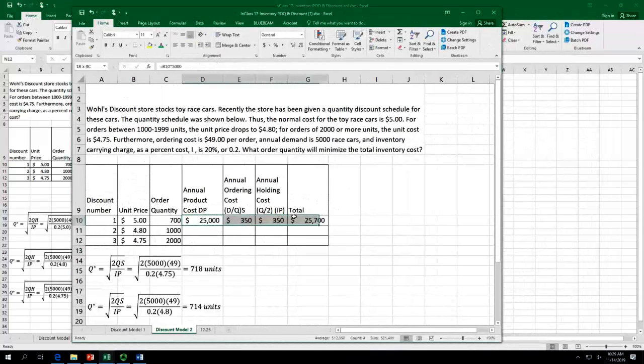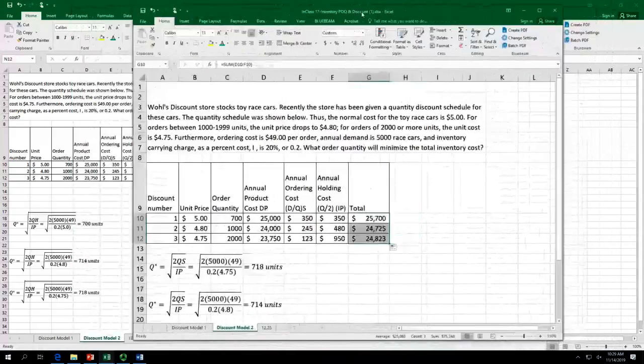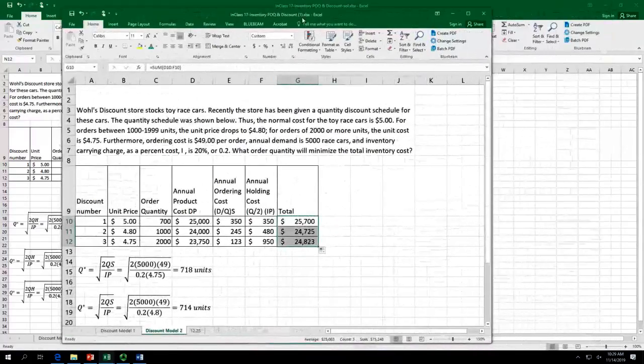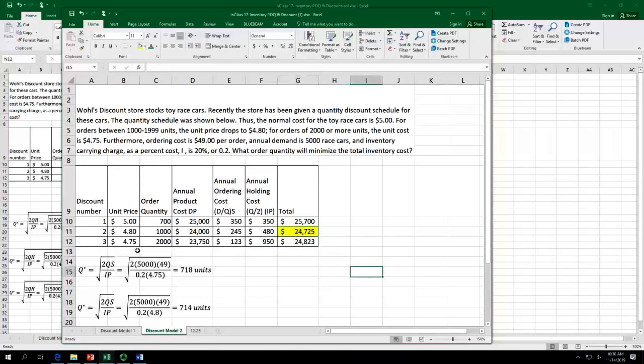After we set up the first row, we can just drag the formula down. Yes, that's correct. And from this comparison, we found that this one is the smallest number, so we can use the discount price of 4.8.